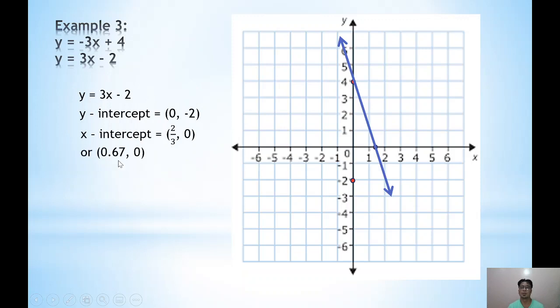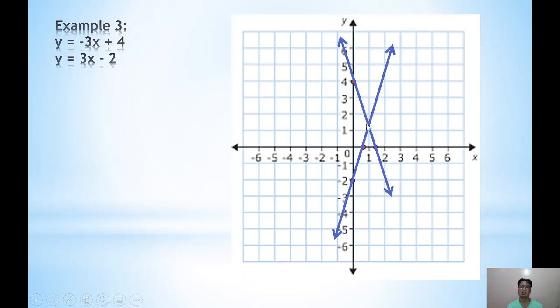So, 2/3 or 0.67. So, kung nandito, wala pang 1. 0.67. Hatiin mo sa 3, approximately nandito. If we will be connecting these 2 points, ito po yung kalalabasan. Itong linya na to, ito yung kumakatawan po dun sa pangalawa nating linear equation.